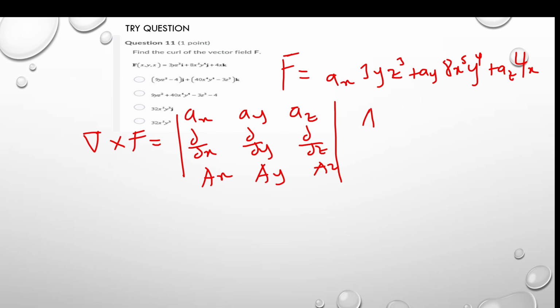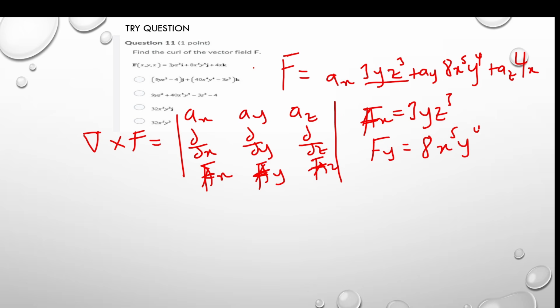AX is the magnitude of the vector F. So in this case, it's going to be Fx, right? Fx is the magnitude of the vector F along the x-axis, which is this. Now our Fy is going to be what? 8x to the power 5, y to the power 4. And our Fz is going to be 4x. So let's do the substitution and solve it.